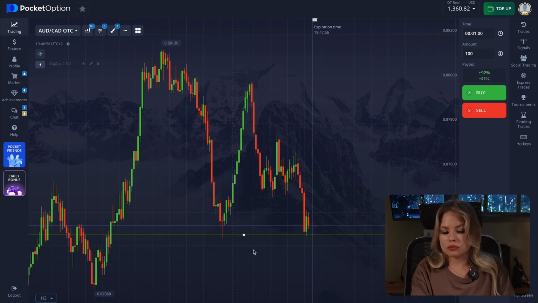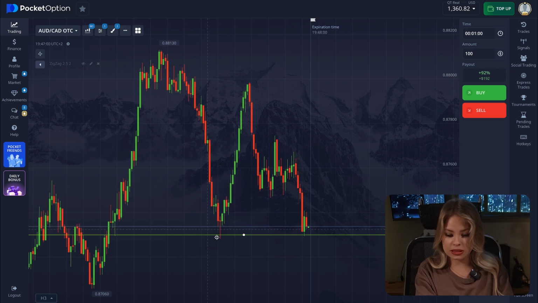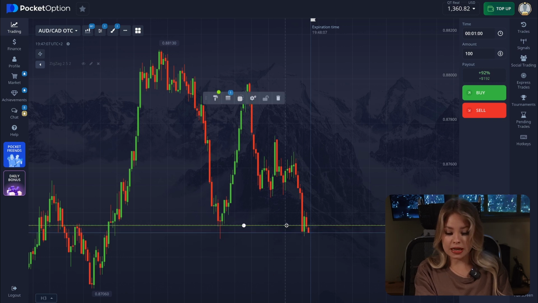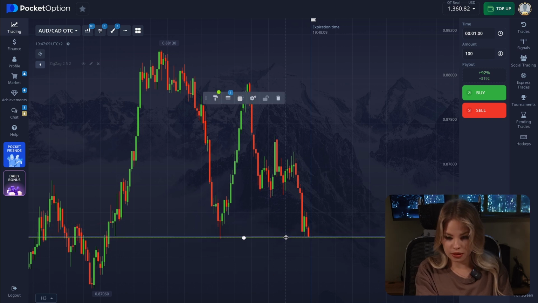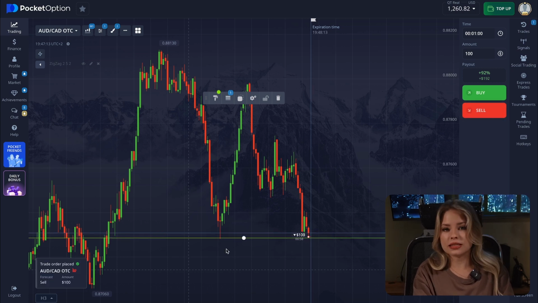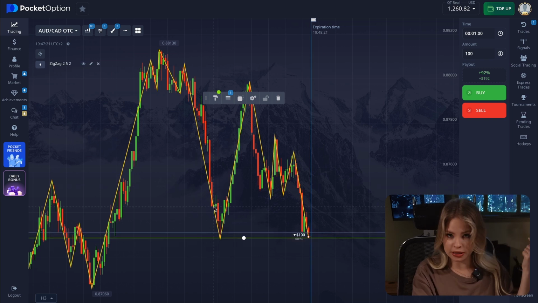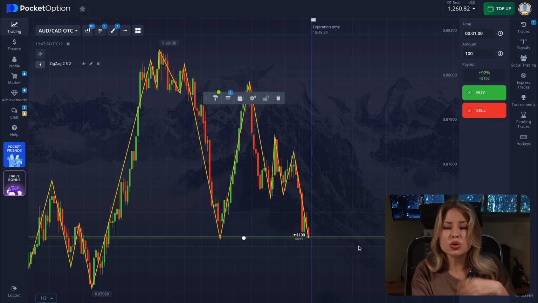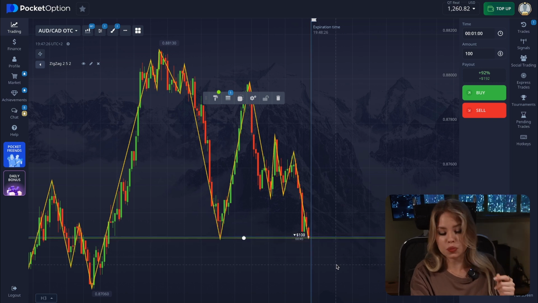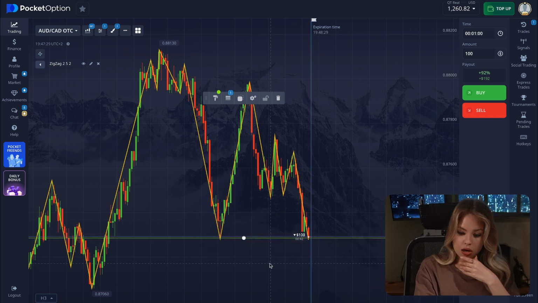So some of you can just ignore this shadow of this tiny candle and just think that the support level is here somewhere, but ZigZag tells you, here is the support level. So yeah, if you only start trading, then of course you could miss this opportunity, you could miss this quite strong signal.